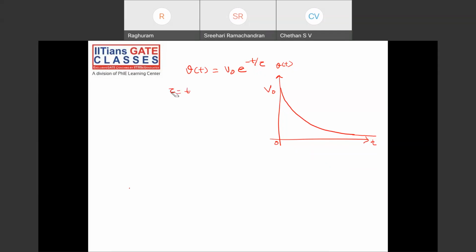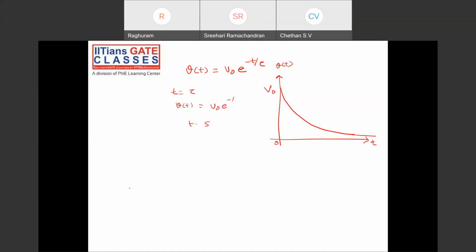So for example, tell me, when t is equal to 1 tau, what happens to V of t? V of t is V naught e power minus 1. What is the e power minus 1 value? We check it after 5 time constants.